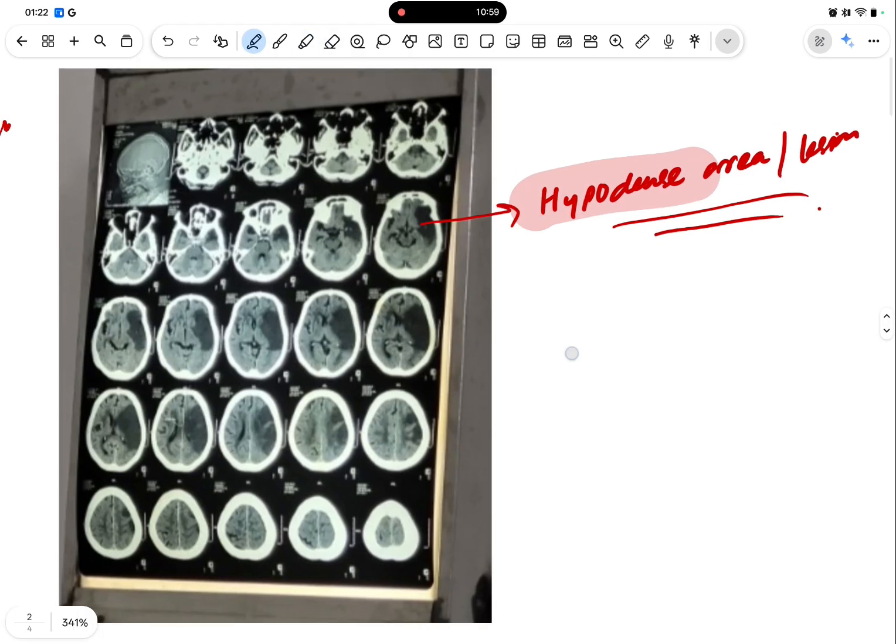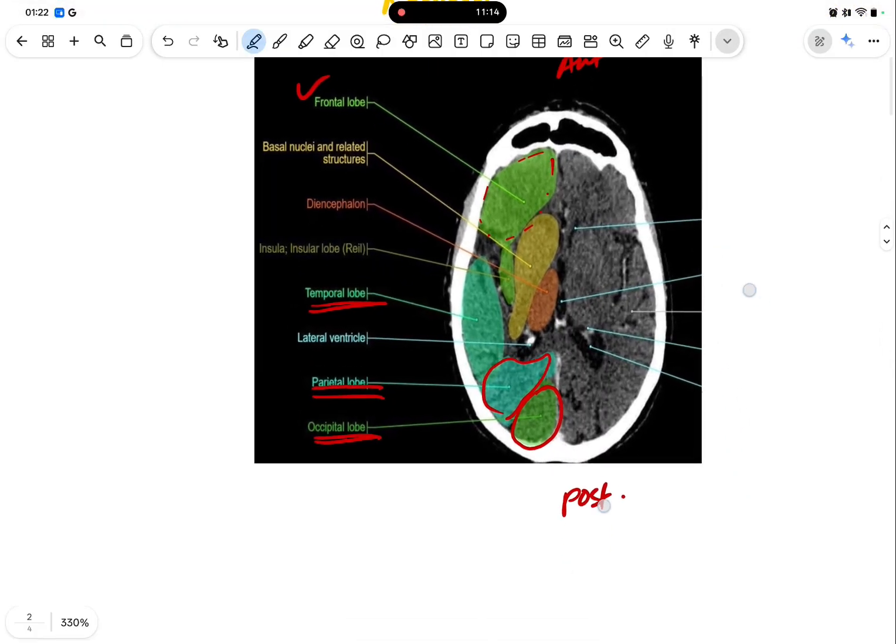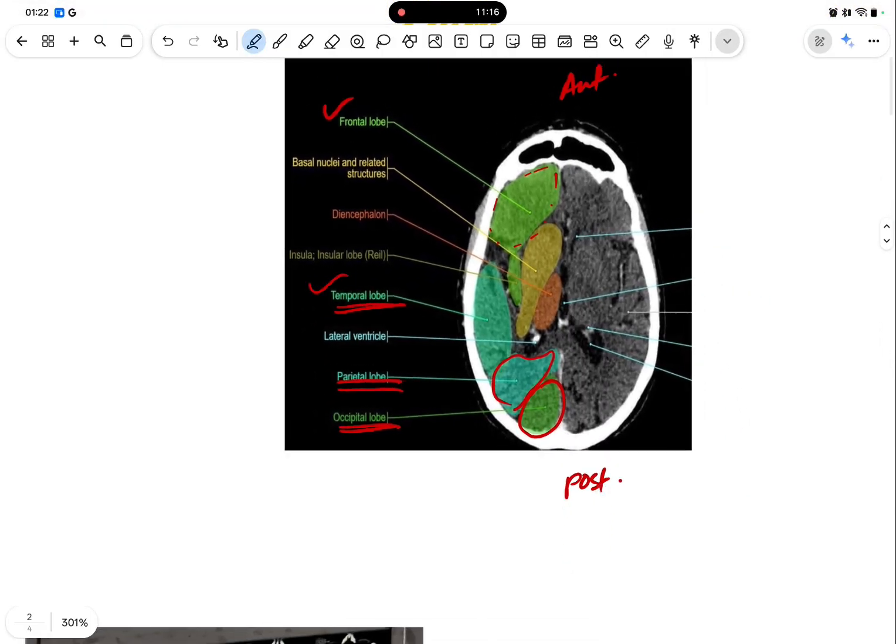It is present in the frontal lobe. It is also present in the temporal lobe, right? These are the lobes which we have studied earlier. This is the temporal lobe, this is the parietal lobe.